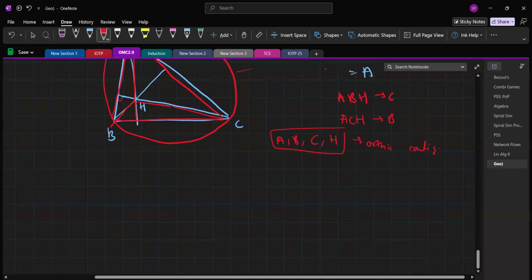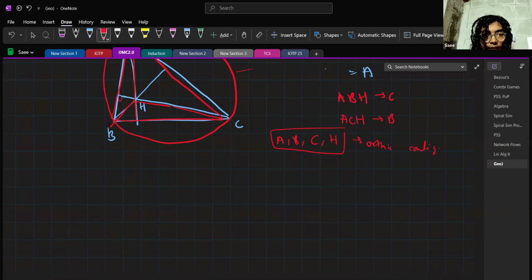Yes. So if you reflect this circle, we know that if you reflect H across BC, let's say you get H_A. You can in fact reflect not just H, right? You can reflect this entire thing about BC.